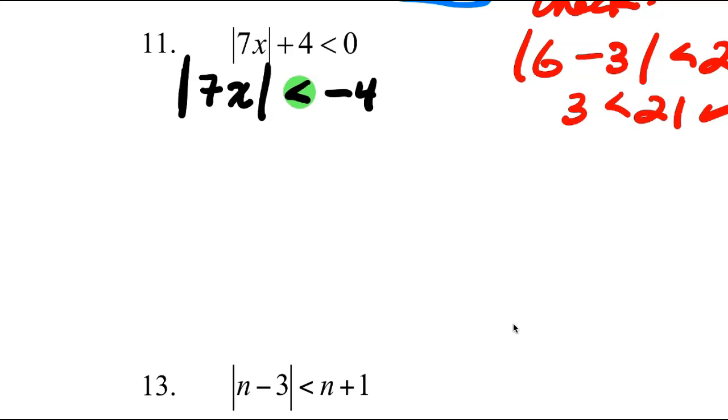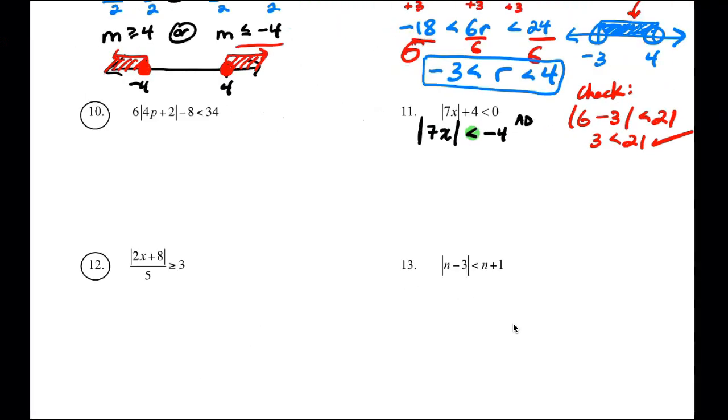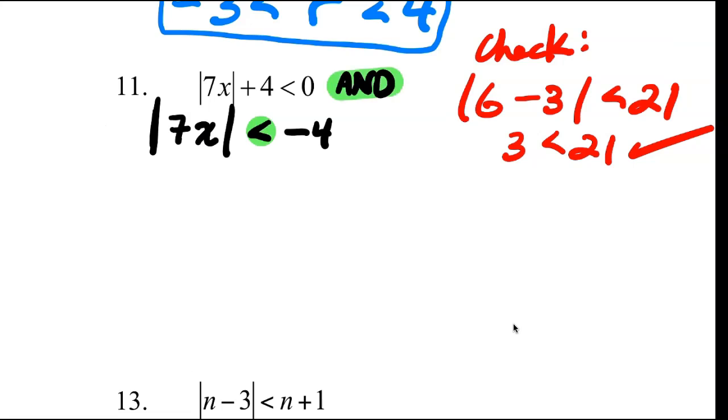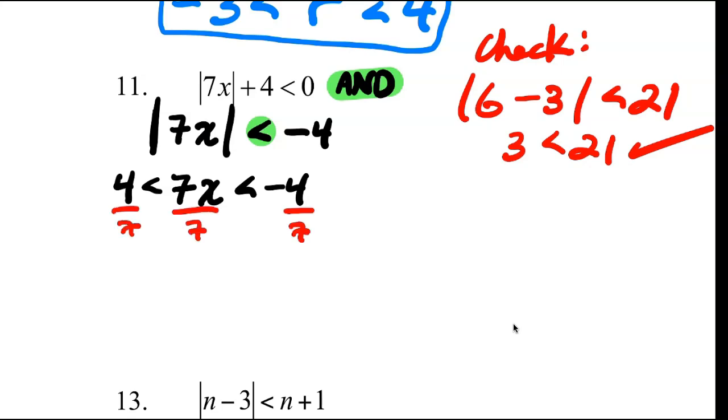That tells us we're going to have an AND, and then we can write our two equations. We would have 7x is less than negative 4, and on the left side of this, a less than sign and a positive 4. So solving that, we divide both sides by 7, the left, the right, and the middle. So that would be 4/7 is less than x is less than negative 4/7.